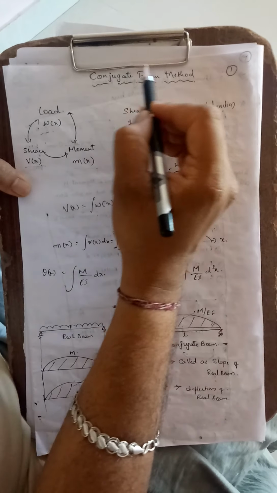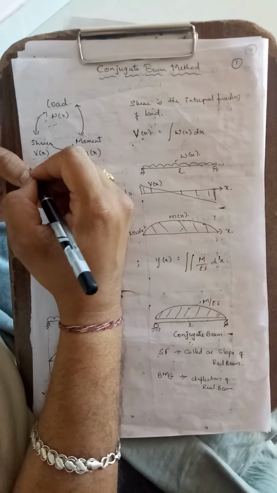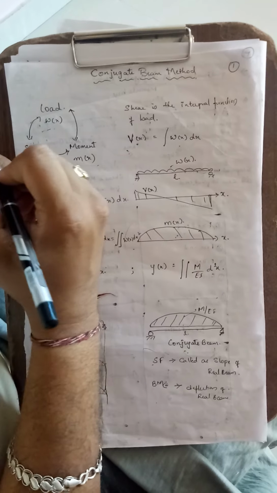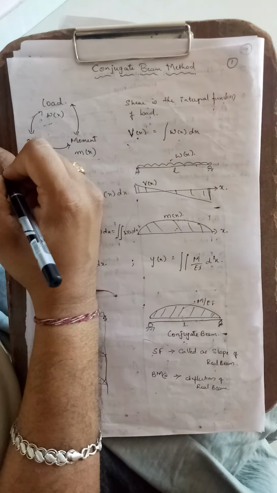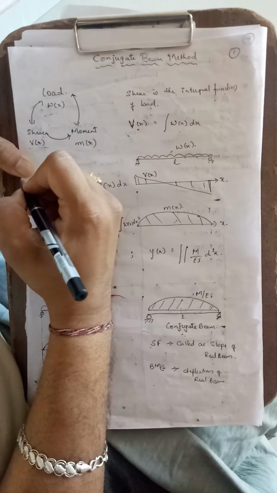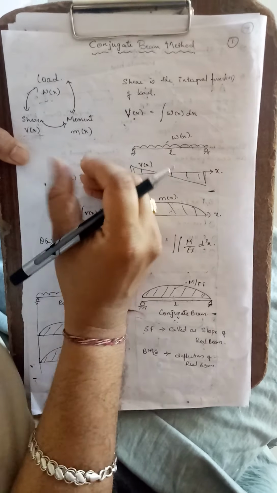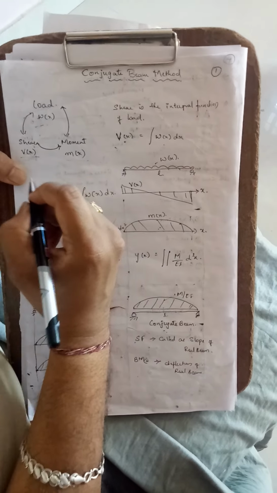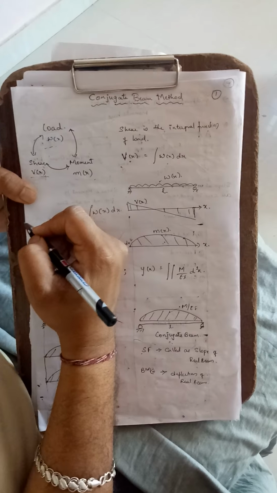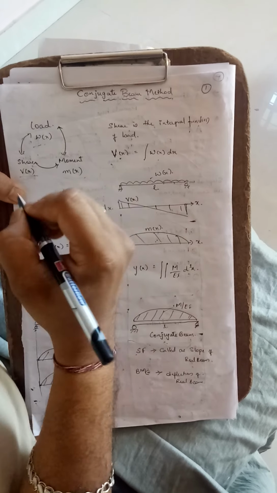The conjugate beam method is one of the methods to find the deflection and the slope for a given beam. Today I want to give you the introduction to the conjugate beam method and how to solve problems to find the slope and deflection.